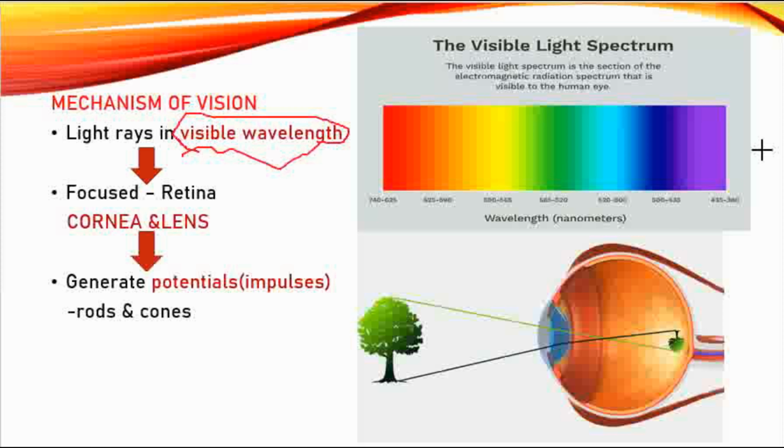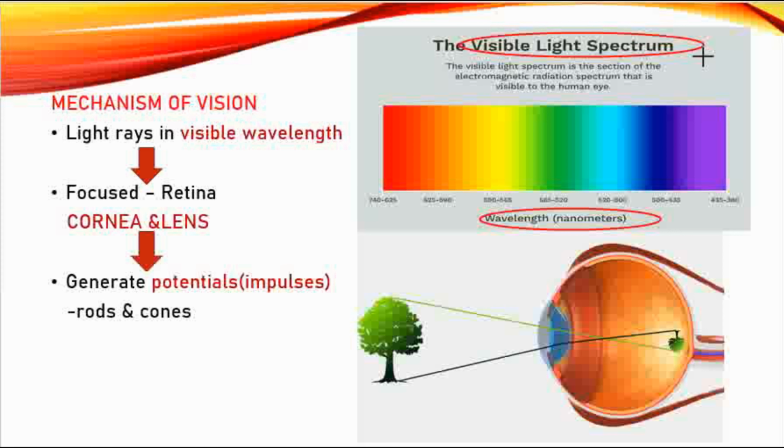So the visible light spectrum is a section in the electromagnetic radiation spectrum. Hope you know the electromagnetic radiation spectrum. In it, the range of light that we can see is what we call the visible light spectrum. The range of light we can see is given in nanometers, that's the unit for it.